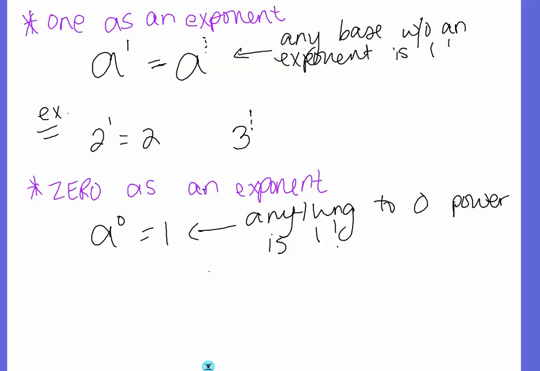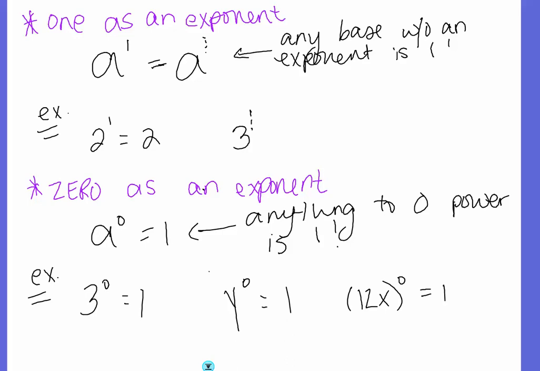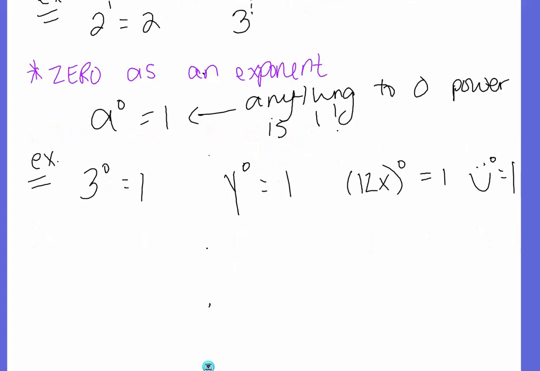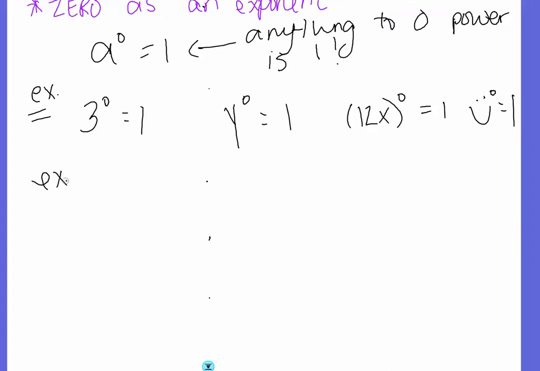If I have 3 to the 0 power, that equals 1. If I have y to the 0 power, that equals 1. If I have 12 times x all raised to the 0 power, that equals 1. If I have smiley face to the 0 power, guess what that's going to equal? 1. That makes sense?